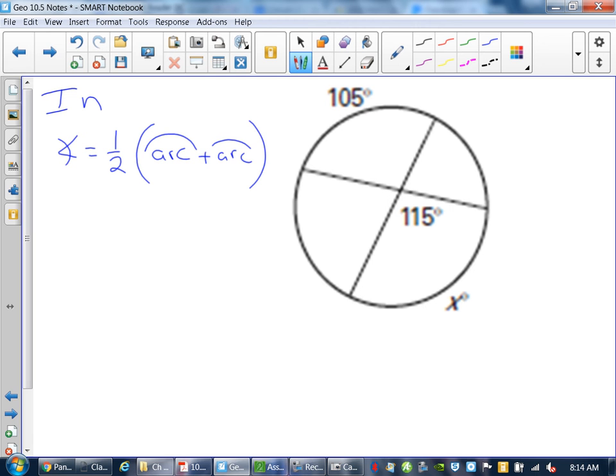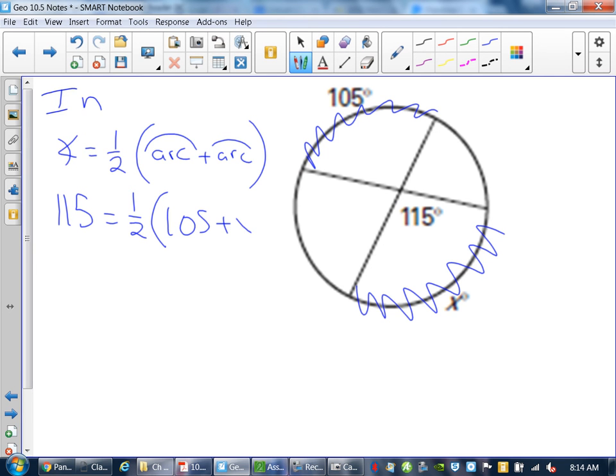Well, the 115 hits 2 different arcs. It hits the x, and it hits the 105. Therefore, the angle is half of 105 plus x.